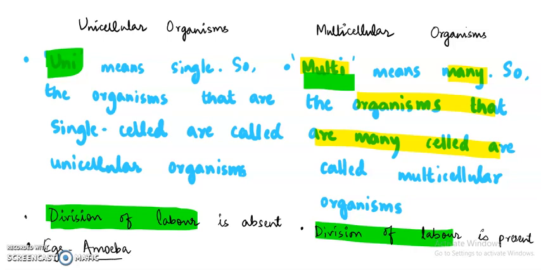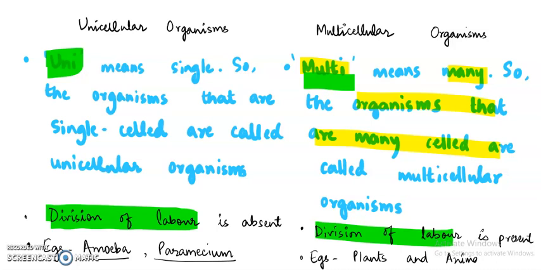One is amoeba and another is paramecium. Okay, because these are the scientific names and there is a rule that whenever you are writing scientific names, you must underline them. Here in the case of multicellular, the examples will be plants and animals.